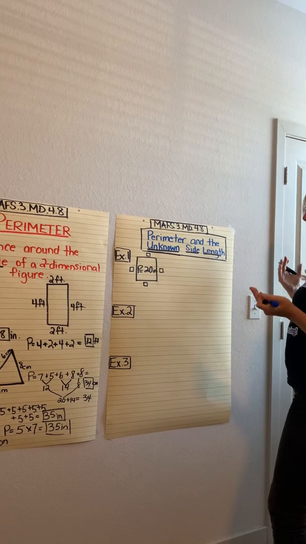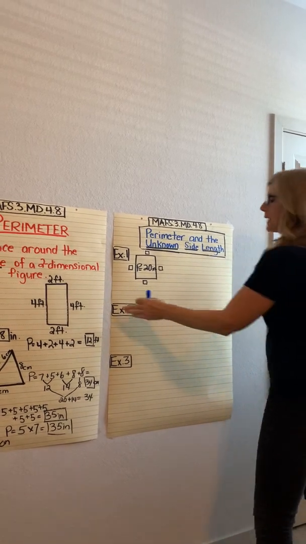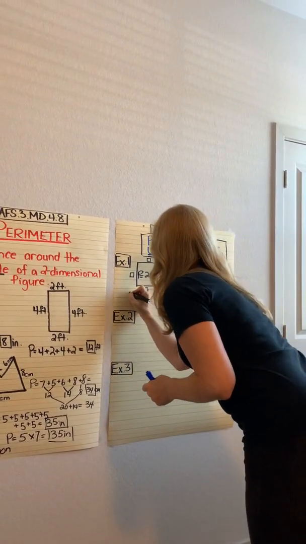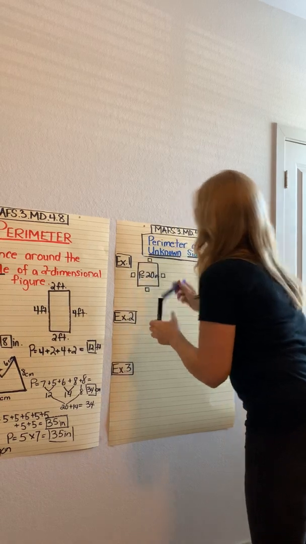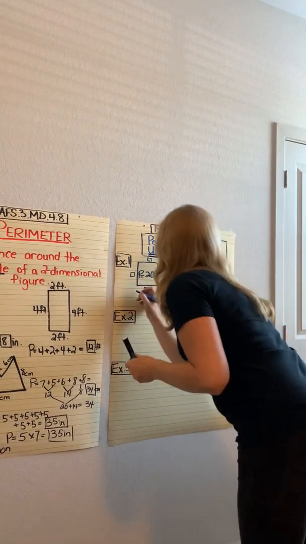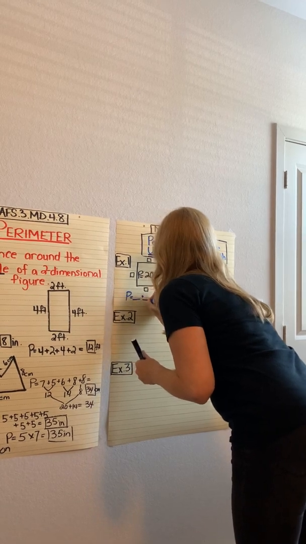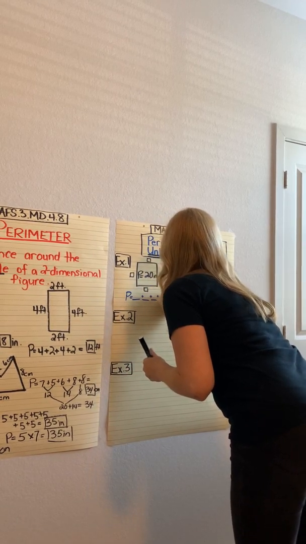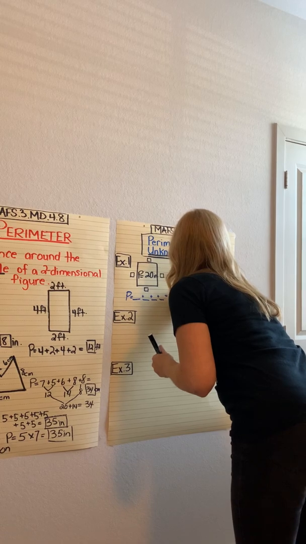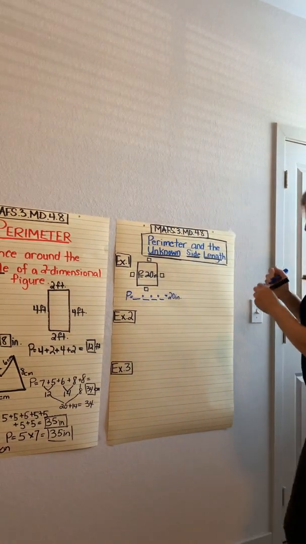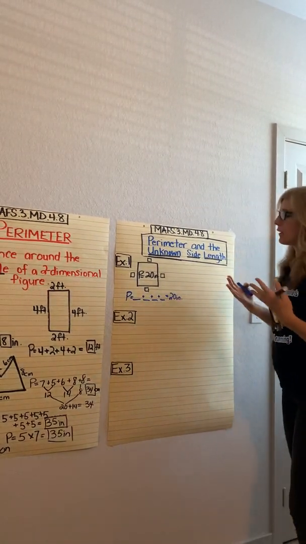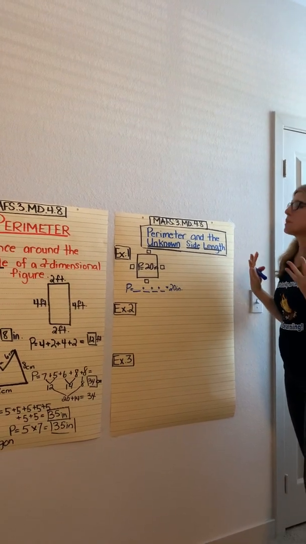Okay, and we'll set up our perimeter equation exactly how we did the other day. Our perimeter, in the case of this square, will equal side plus side plus side plus side, and we know it equals 20 inches. Okay, now how can I figure out, you say, I only know one thing.